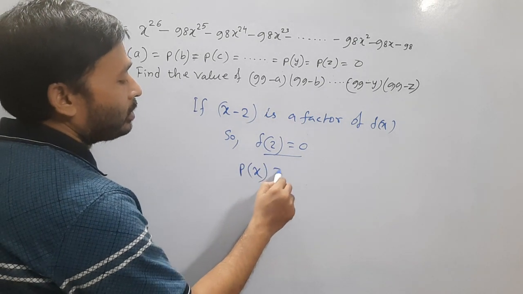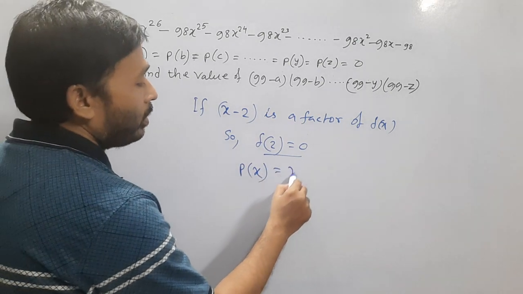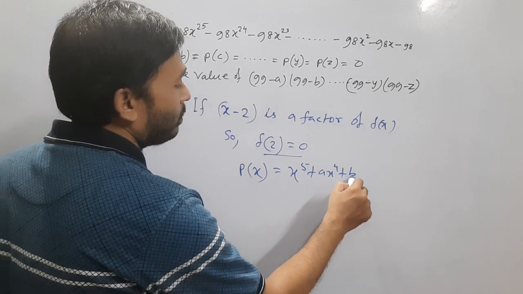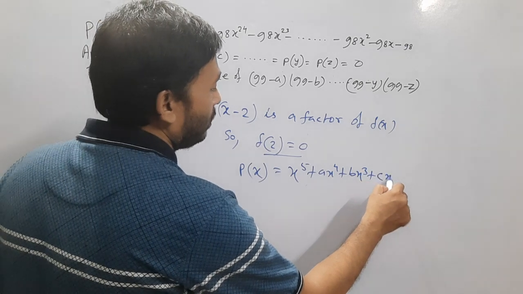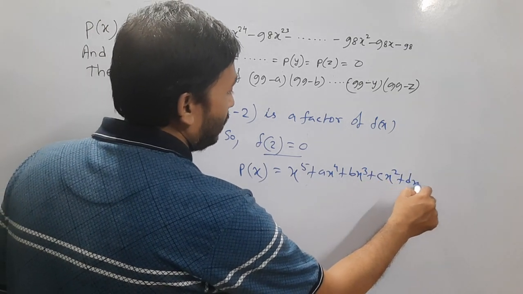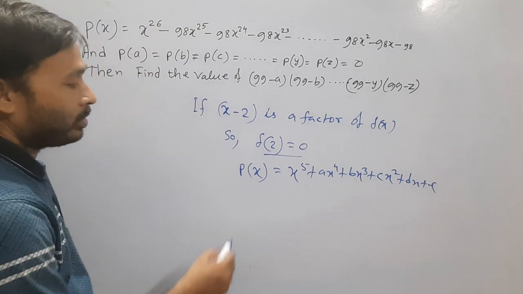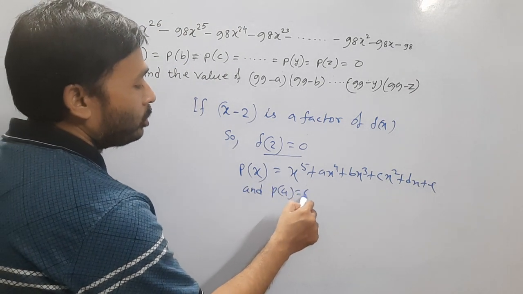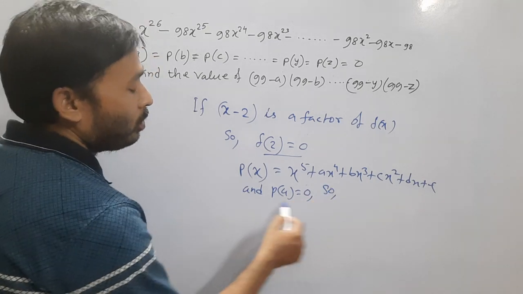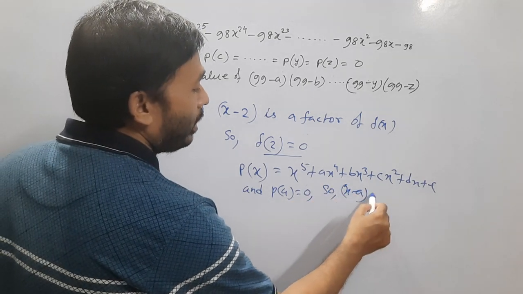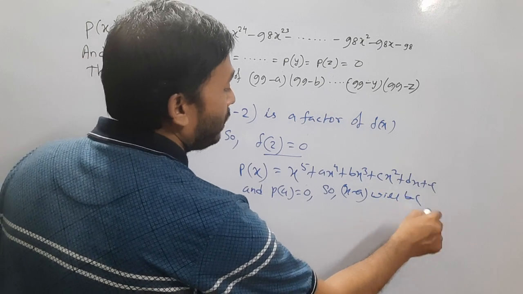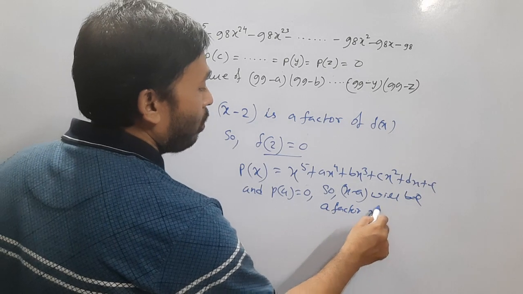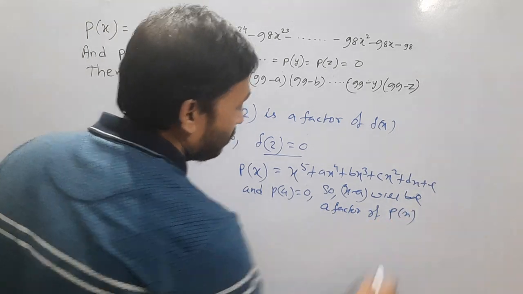if p of x is equal to x to the power 5 plus a x to the power 4 plus b x cube plus c x square plus dx plus e, and p of a is equal to 0, so x minus a will be a factor of p of x.